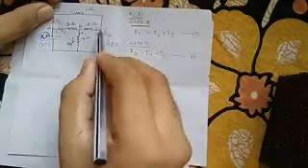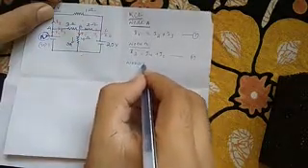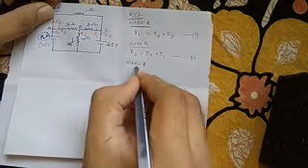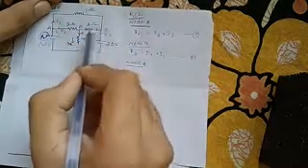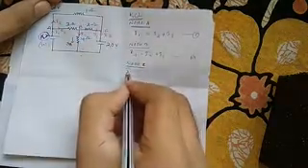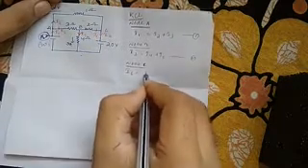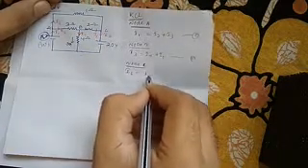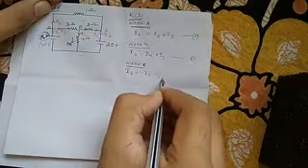For node C, here the current I2 is coming, I5 is coming, and I6 is going. So I6 outgoing is equal to I5 plus I2.